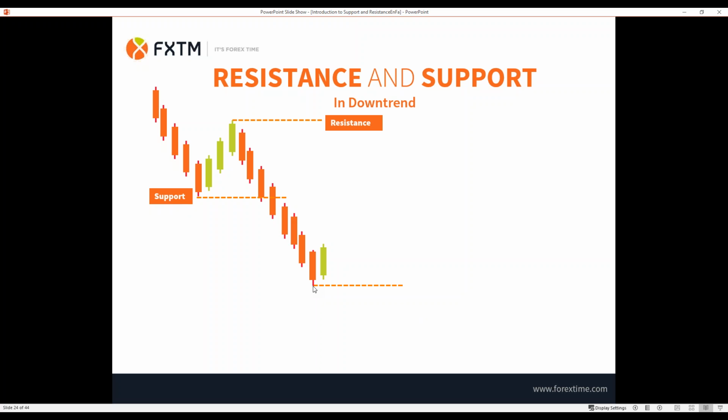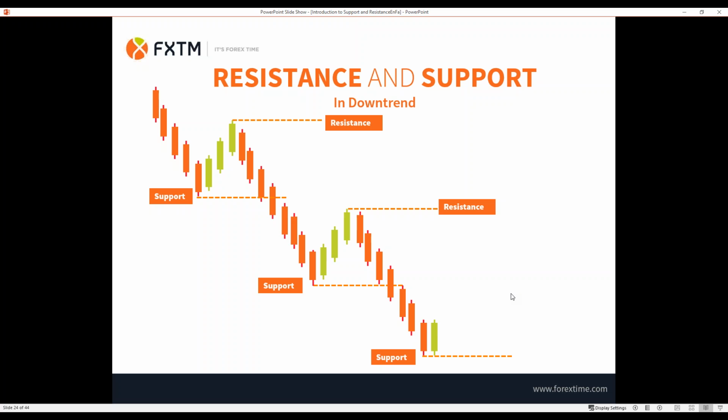And now they form another support here. Prices bounce up to form a correction. And then if we have a strong downtrend, prices will break through this new support level as well. And this is how price moves during a strong downtrend.